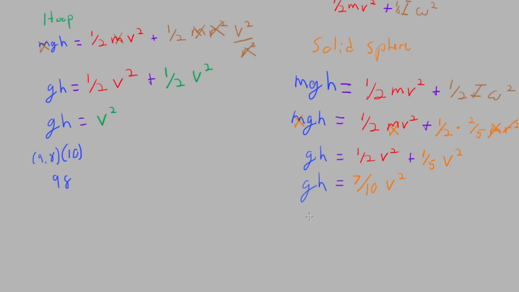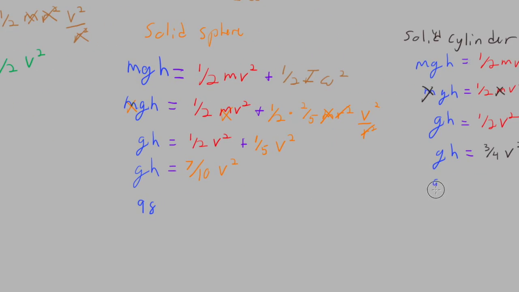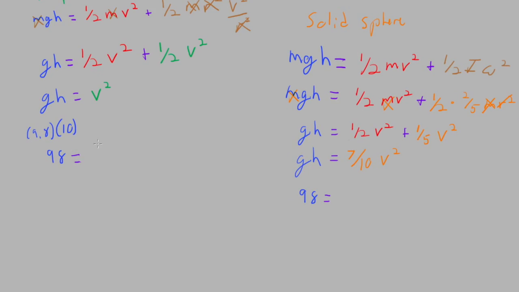So in each one of these, I'm going to have 98 for my gh. And in my first one, it's just equal to v squared, so I can just take the square root of 98. And I get 9.9 equals v. That's my velocity for a hoop.